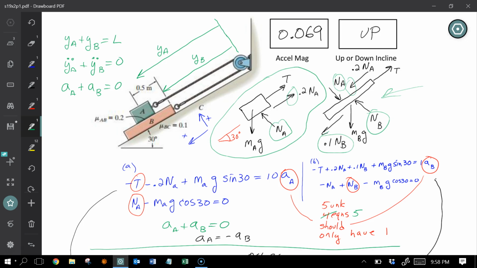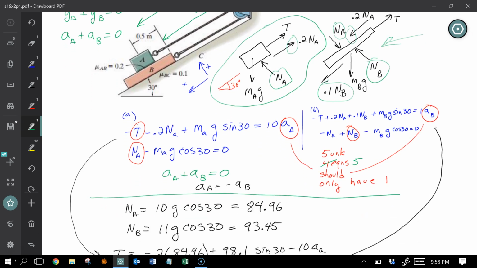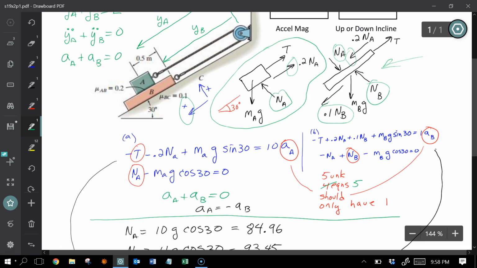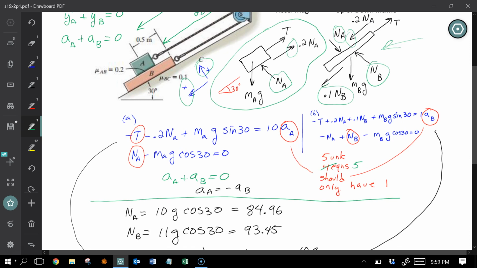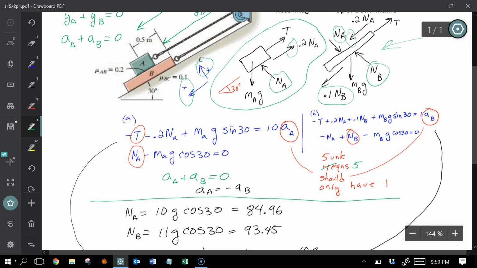Once you do that, you have to sum forces. The direction that you should sum forces is in whatever makes the acceleration easy. So that would be parallel with the incline and perpendicular to the incline. Okay, so for free body A, if down the incline is positive, you have the blue equation that gives you the forces in the incline direction.